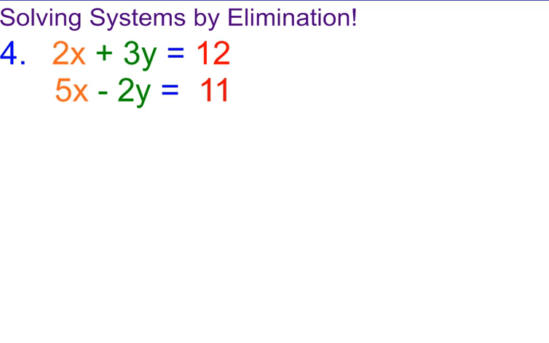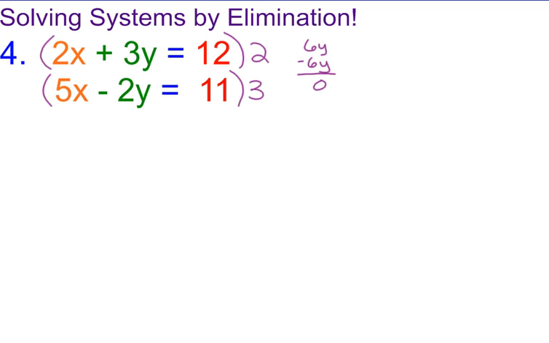And so I'm going to try to make that top 3 turn into a 6 and that bottom 2 turn into a negative 6. And so what I would do is, in order for that to happen, I would times my top equation by 2. If I times everything by 2, 3 times 2 is 6, so I would have a 6y there. My bottom equation, my y value is already negative, so I would just times by 3, because negative 2 times 3 makes a negative 6y.